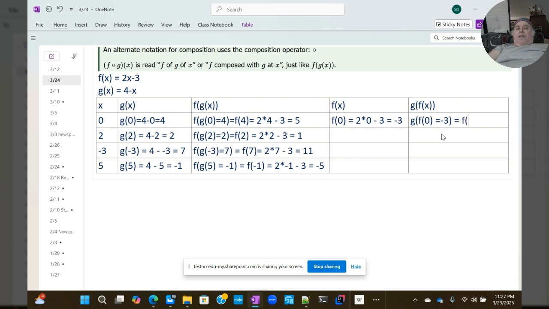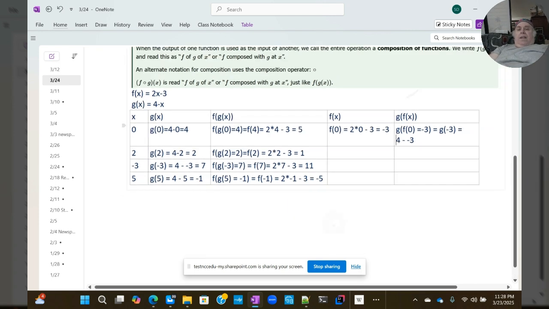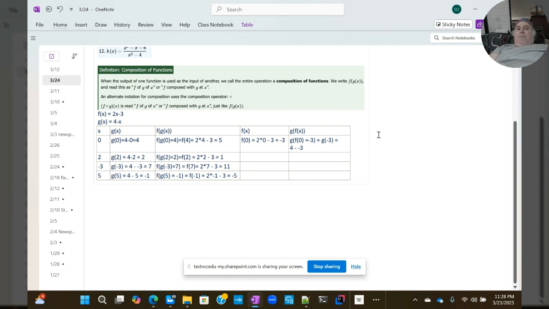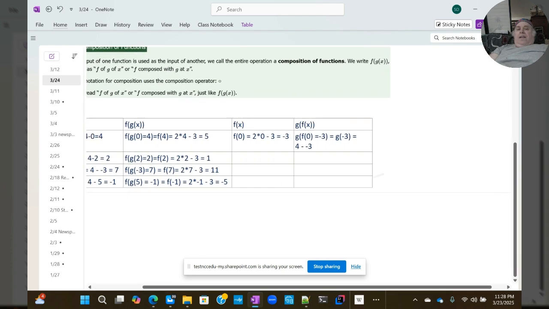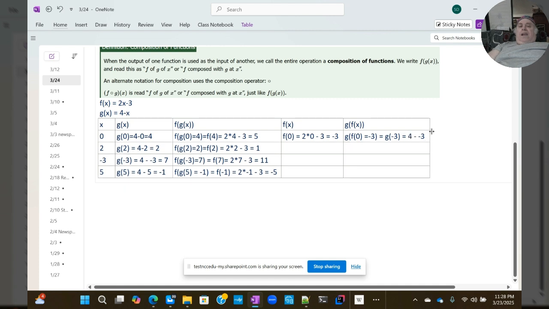g of f of 0 equals g of minus 3, which is 4 minus negative 3, which equals 7.